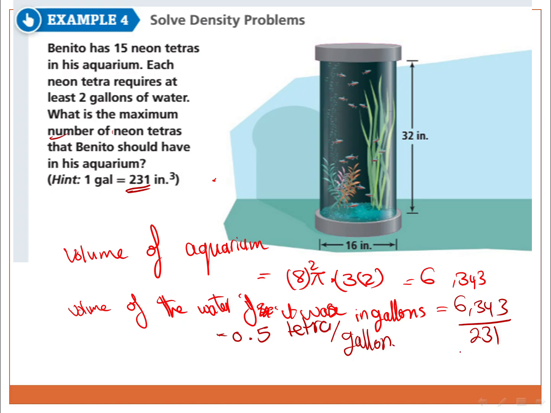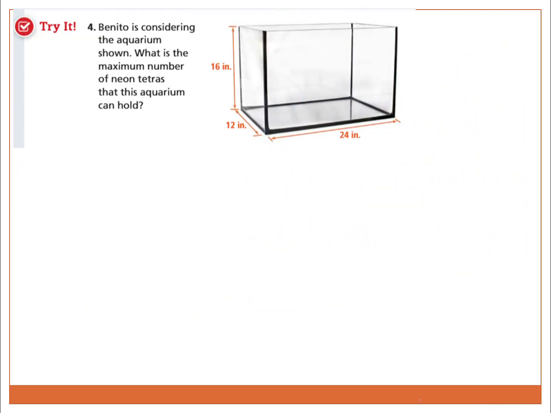When you divide it, it's going to be approximately 27.85 gallons. I hope it's clear for you now. Please try to solve this question, and when you finish, if the final answer equals 9, that means you are on the right way. Thank you very much. Have a nice day. Bye bye.